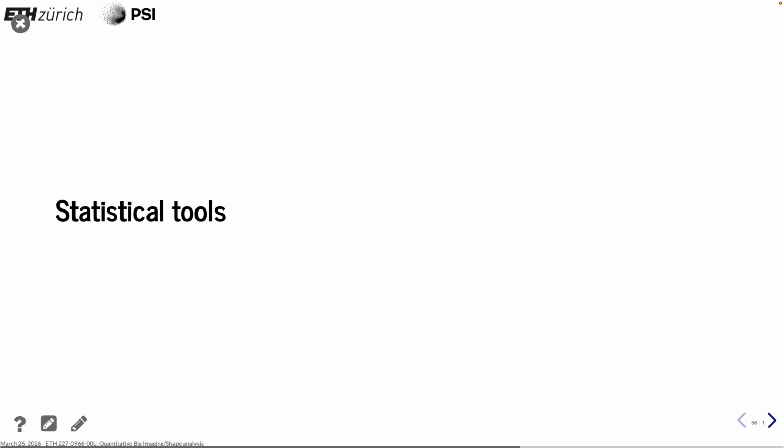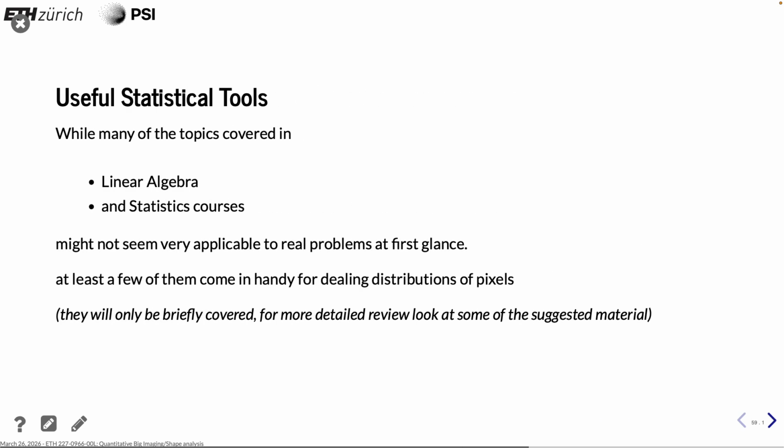Then we can, before the break, this will be a bit tight, I believe, but anyway, we can switch on to some statistical tools. Here we are actually going to combine two fields. One is linear algebra and the other one is statistics.